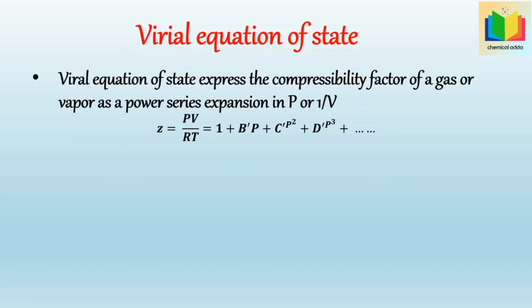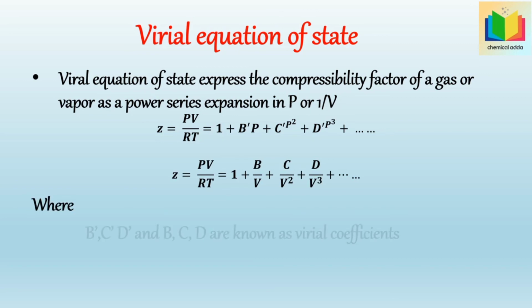Now, the virial equation of state in terms of volume is Z is equal to PV by RT is equal to 1 plus B divided by V plus C divided by V square plus D divided by V cube, where B dash, C dash, D dash and B, C, D are known as virial coefficients.